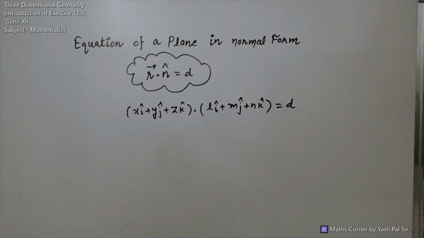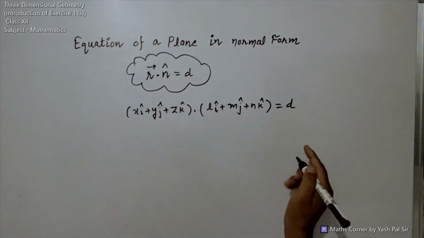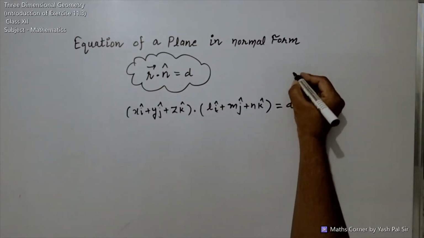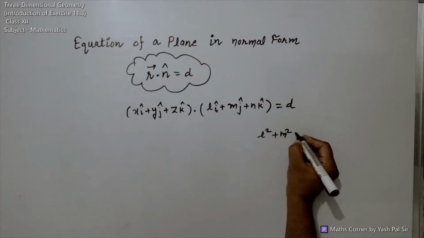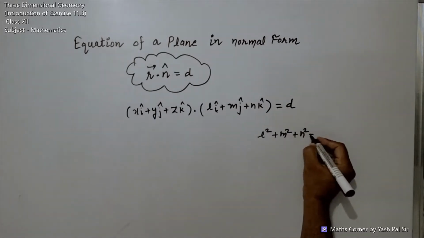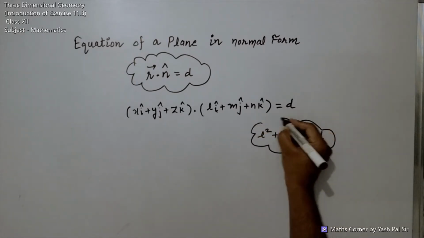Now it is clear that because n is the unit normal vector, we have l square plus m square plus n square equal to 1, right?